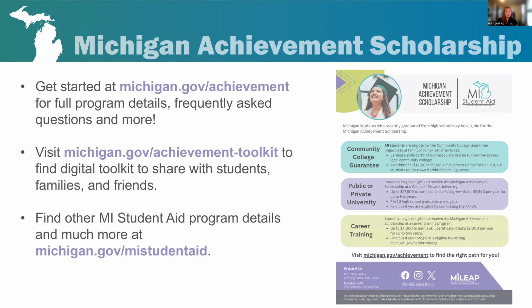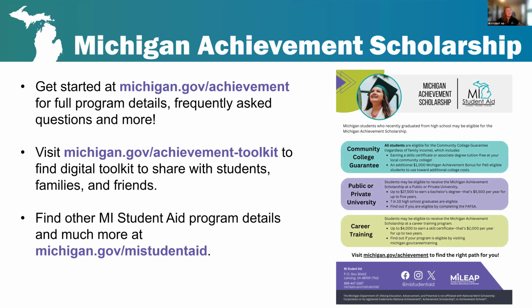Another thing too, if you're looking for programming or things that you can offer in the fall leading up to FAFSA is Michigan Achievement Scholarship presentations. So you've heard me talk a little bit about the Michigan Achievement 4-year pathway, the Community College Guarantee, and then there's also the Career Training pathway or the Michigan Achievement Skills Scholarship.